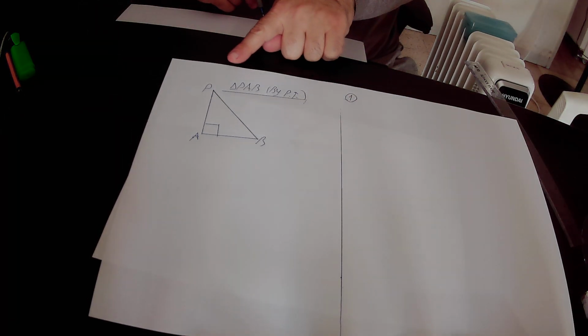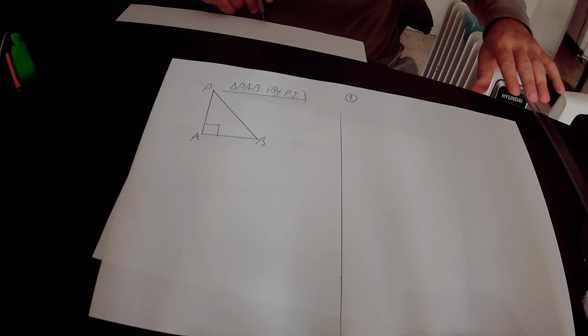Actually, this is the right triangle PAB, it's the copy from the original drawing.